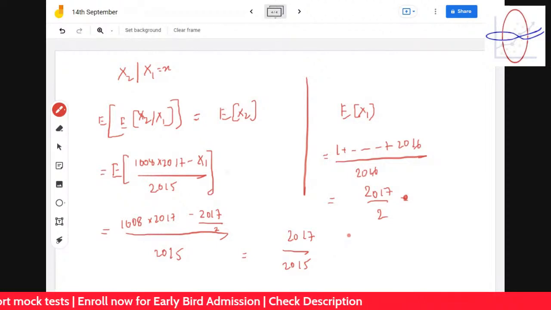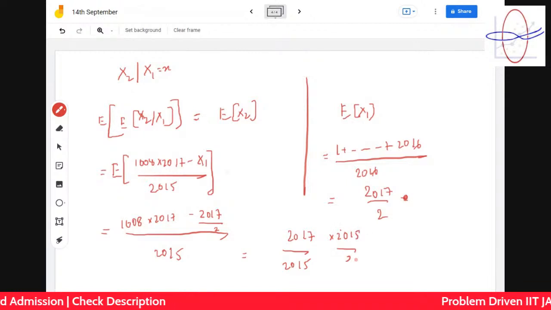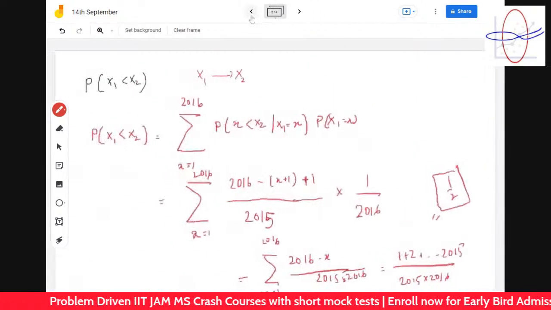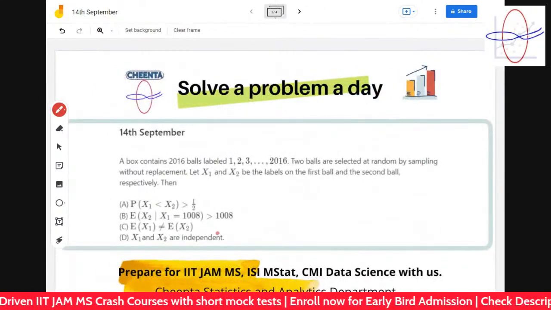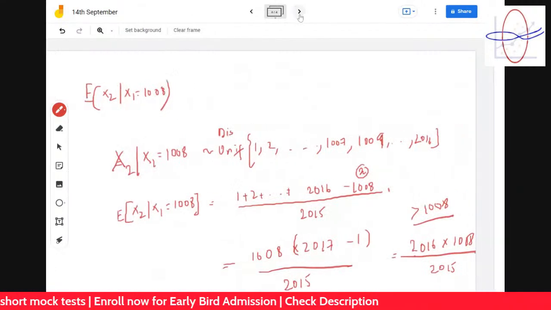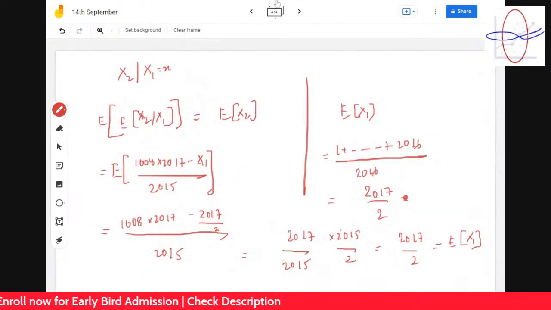So we get 2015 again by 2, which is equal to 2017 by 2, which is equal to the expectation of x1. That is really good. So we have found out mathematically that the expectation of x2 is equal to the expectation of x1.